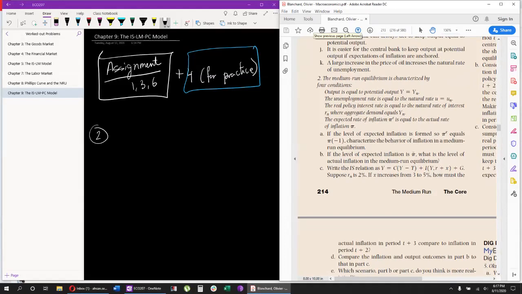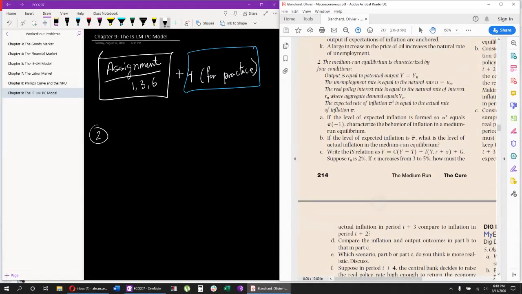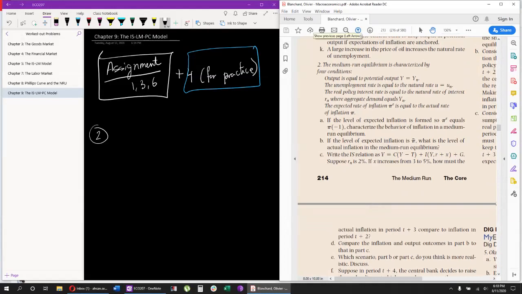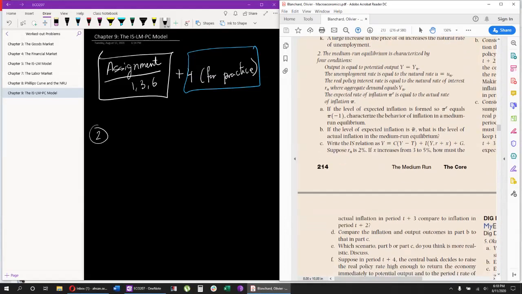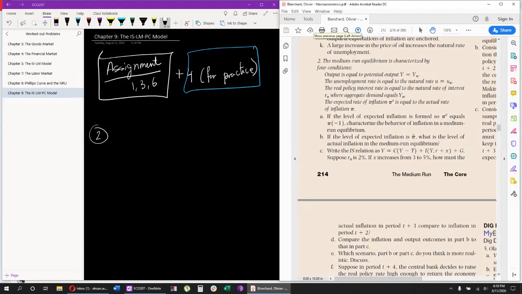Okay, so let's start with number 2 that I'm going to solve. Number 2 says the medium run equilibrium is characterized by 4 conditions.